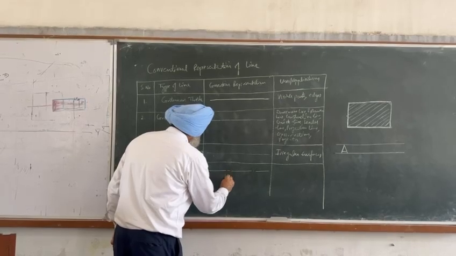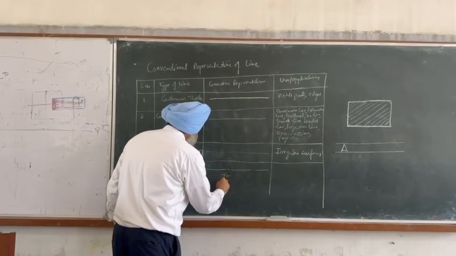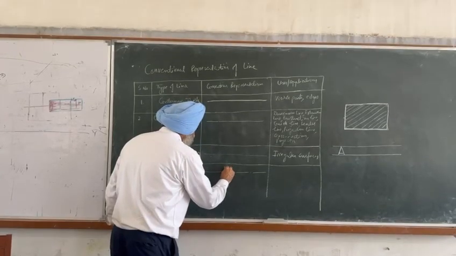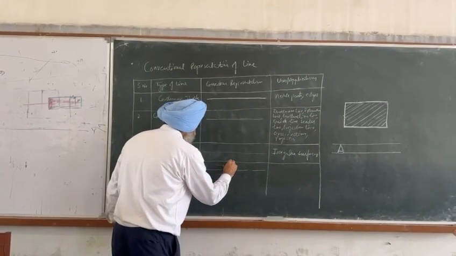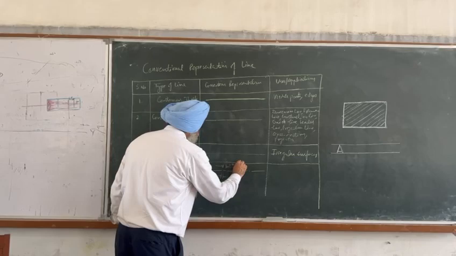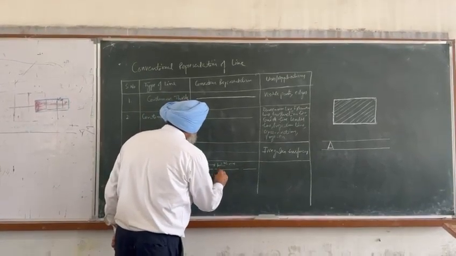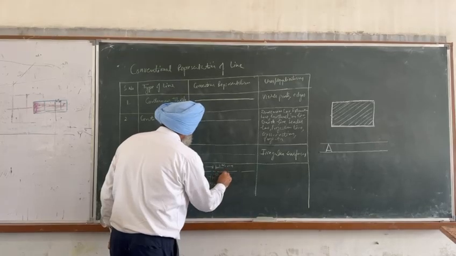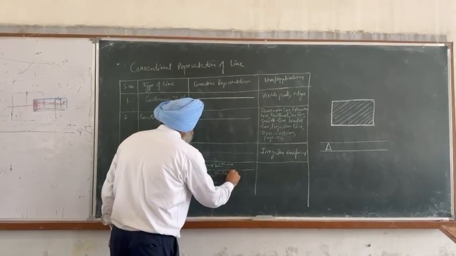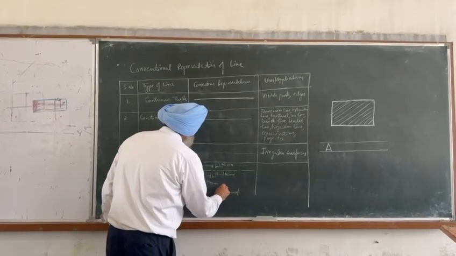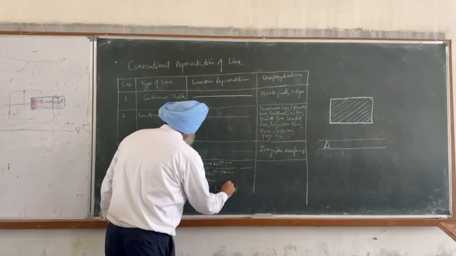This is a small distance, 1 to 2 mm. Then a dot, which represents 2 to 3 mm. And then there is a gap of 1 to 2 mm. Again a bigger line which represents 15 to 30 mm.